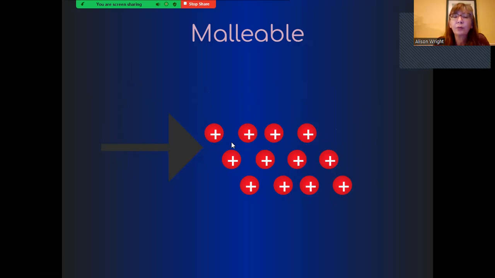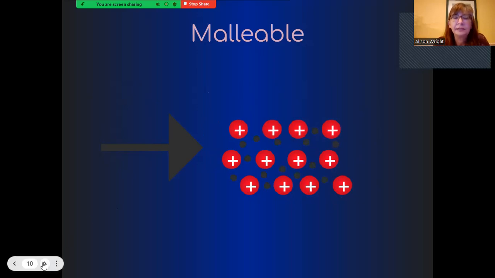And so if we were to apply pressure on this side of this little sample of solid, what happens is those things can just move in any old direction, because the sea of electrons cushions those ions from getting too close to any other positive ion. And what would happen if two positive ions got too close together?